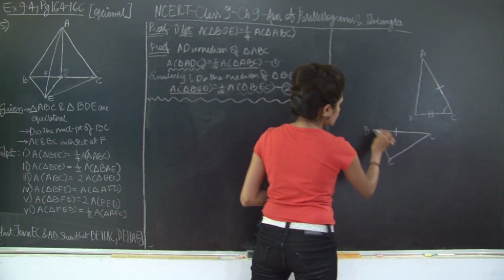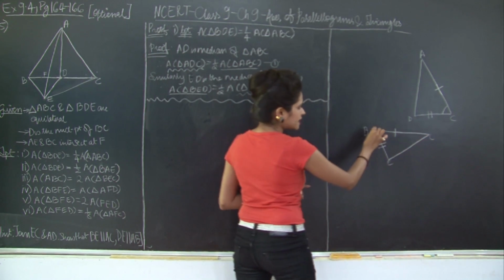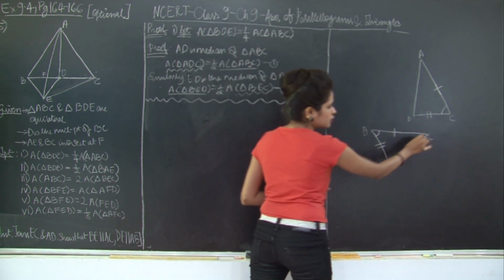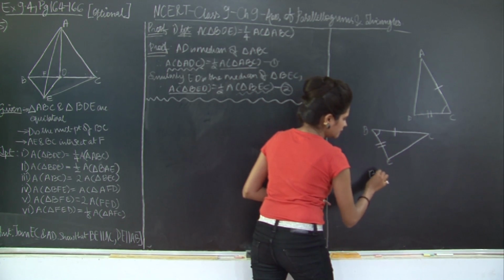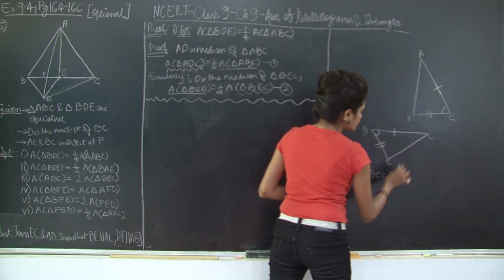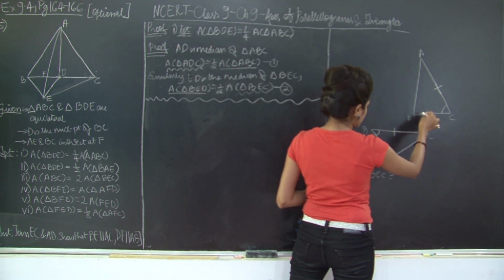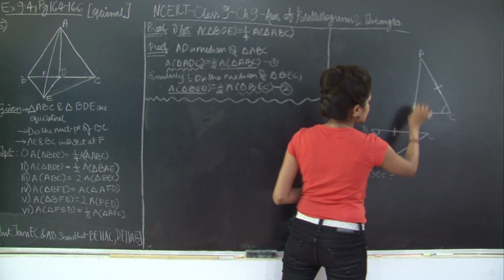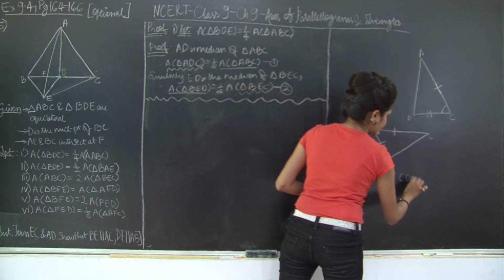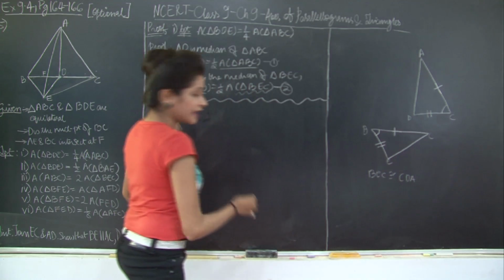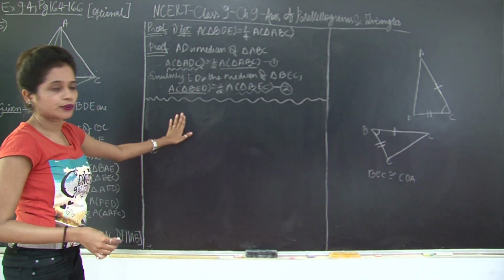We have BEC. So if I say BEC, that means I am going from the angle to the double to nothing. So again this would be BEC is congruent to, double to the angle to the double, so CDA. Correct? So let's prove the two triangles congruent to each other.